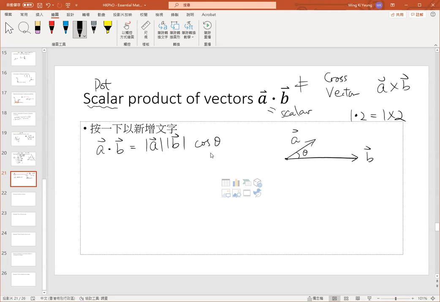So let me give you one question. How can we prove that A dot B equals B dot A? Let you think about it for 1 minute.